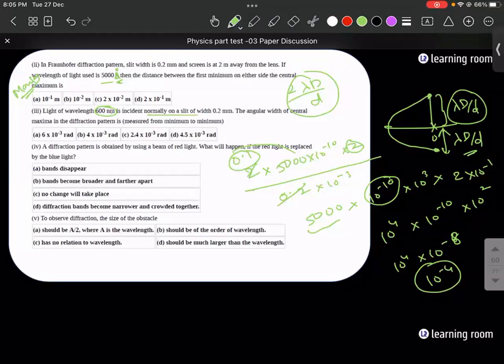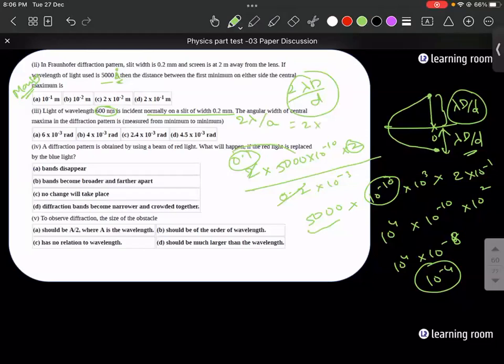Light is incident normally on a slit of width 0.2 mm. The angular width of the central maximum of the diffraction pattern is observed. So how do you calculate the angular width of the central maximum? 2 times lambda by a, correct.